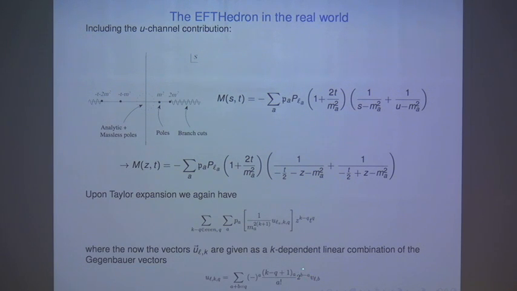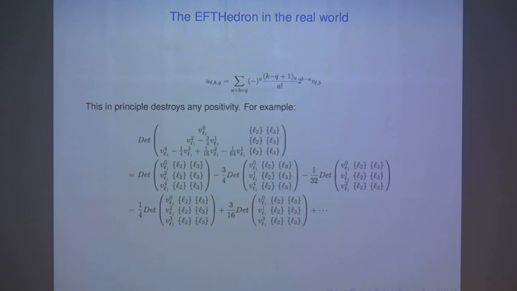You'll see that now the U vectors are actually a linear combination of the original Gegenbauer vectors, but with minus signs. So naively, you'll think that now everything is out of the window, because if I compute the ordered vectors, it's going to be given by a sum of different terms, ordered Gegenbauer vectors, but with plus and minus signs. But if you have a little bit of faith, you would actually compute this, and you realize that this is actually still positive.